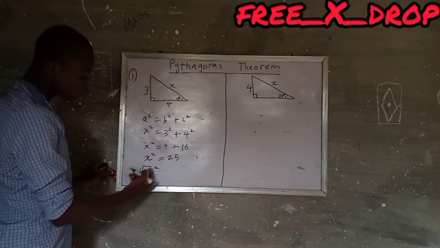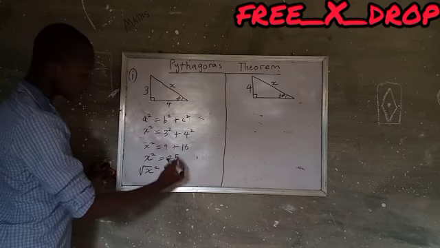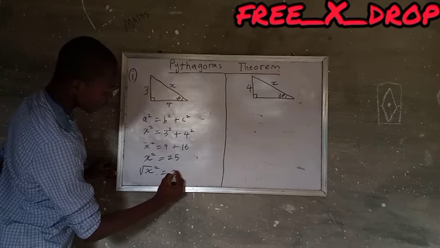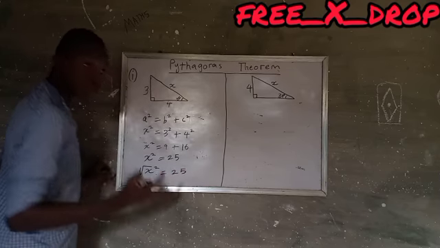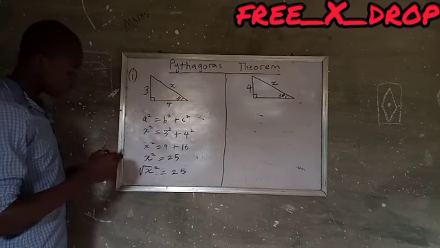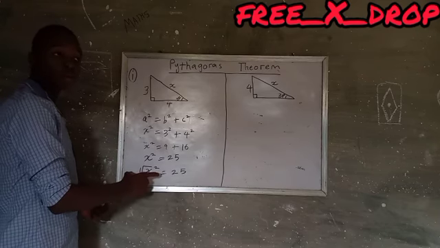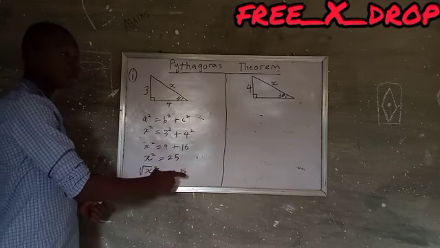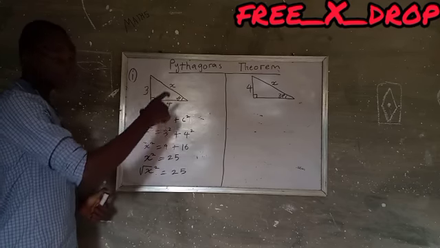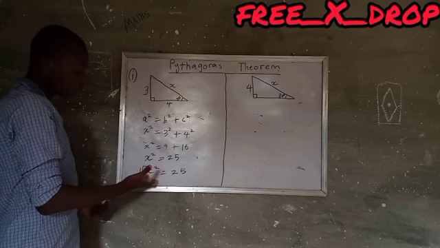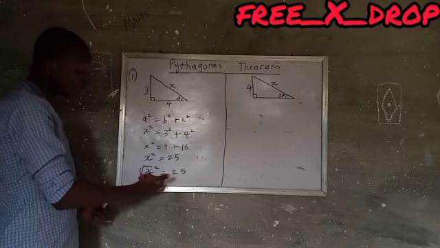Now the square root can cancel the square, and this is equal to 25. But note, I also showed you that whatever you do at the left, you must do it at the right. Now, you place the square root here, you must place it here so that they remain equal.